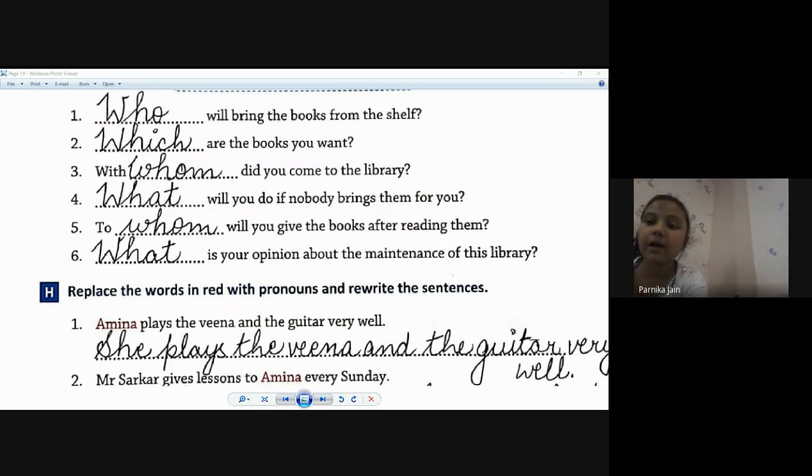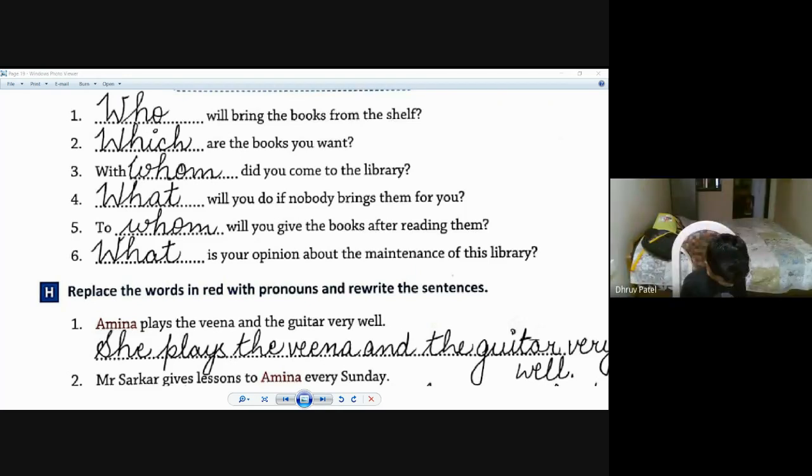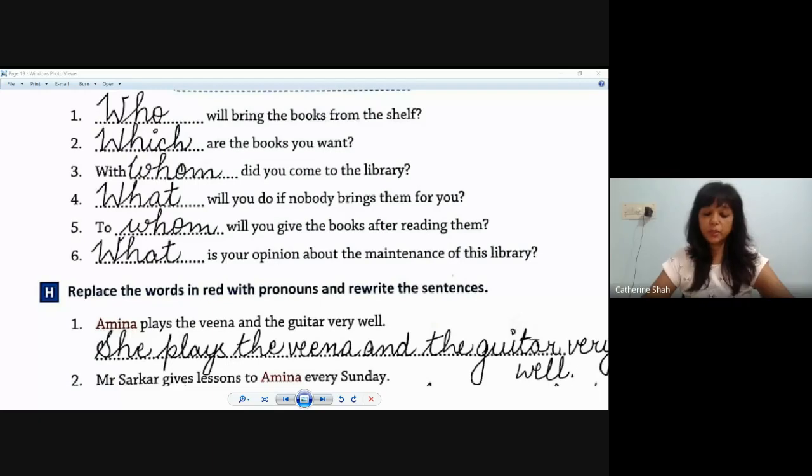Number 4, Ma'am, Prisha. I had a doubt. Yes, ma'am. With whom did you come to the library? Correct. With whom did you come to the library? Yes, Parnika. What is your doubt?